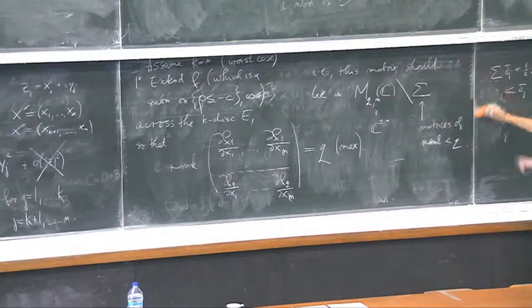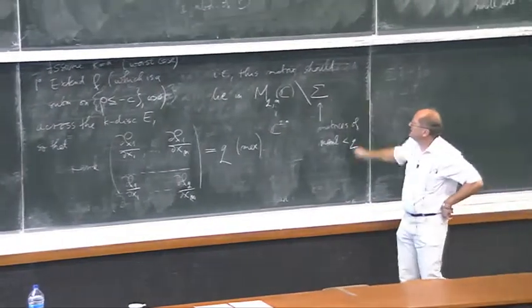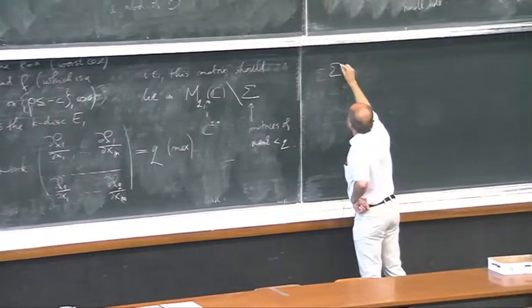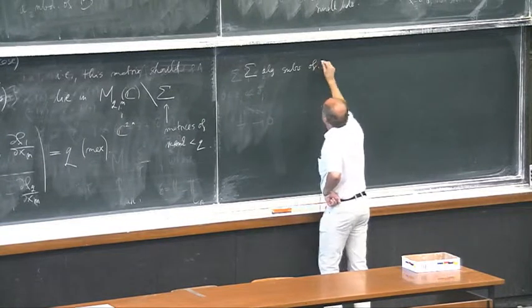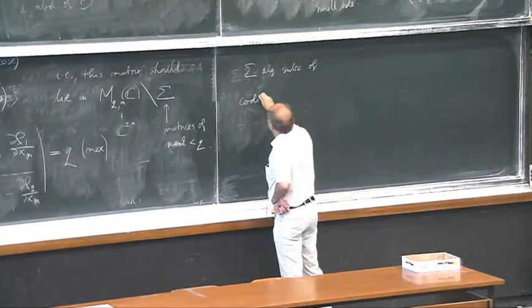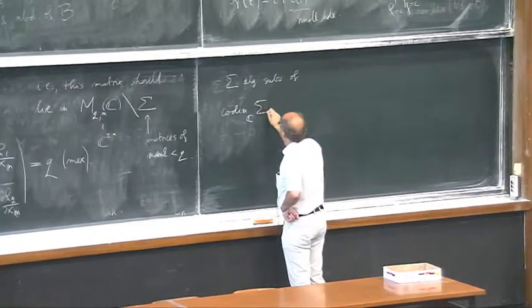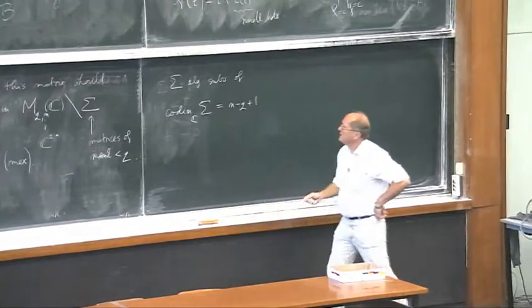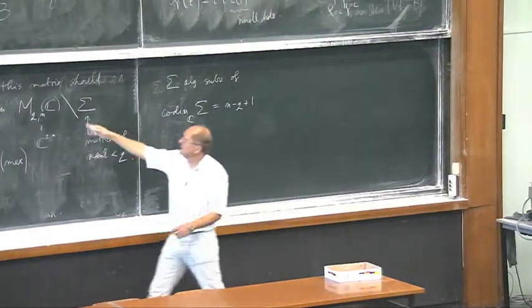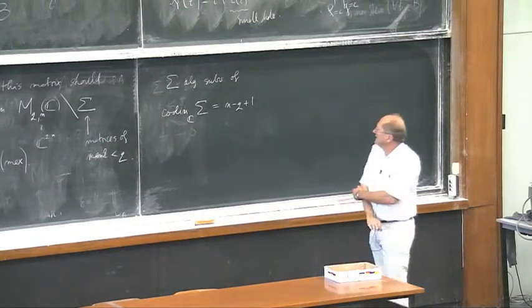And we already looked at such a variety, and I gave you an argument last time that this sigma is an algebraic subvariety of complex codimension n minus q plus 1. Remember this argument, you just look at minors. You look at how many equations you need in order to say that you have less than maximal rank.